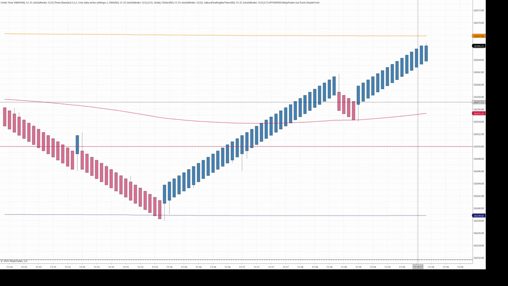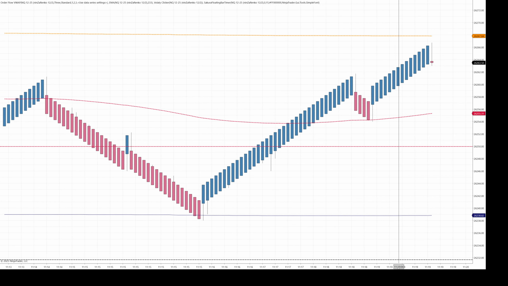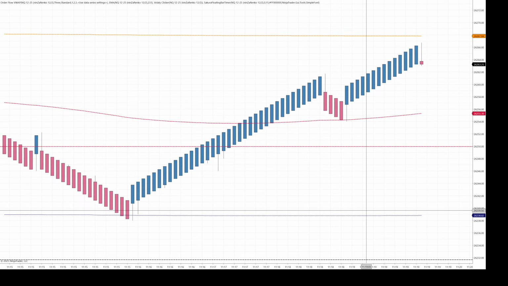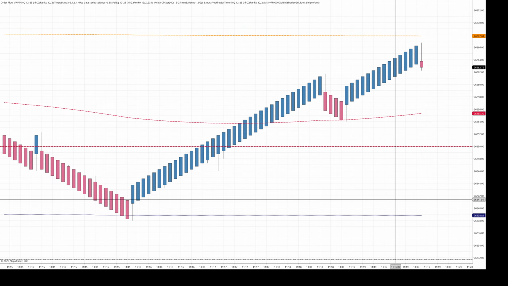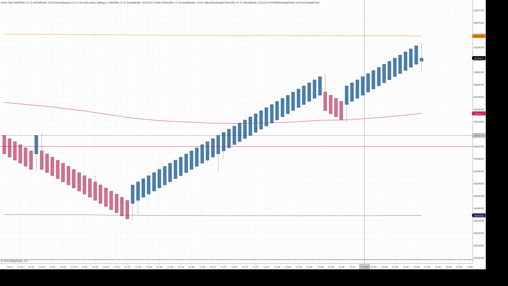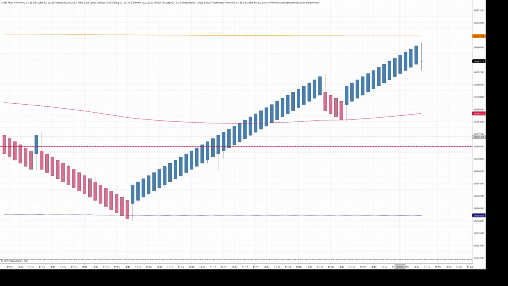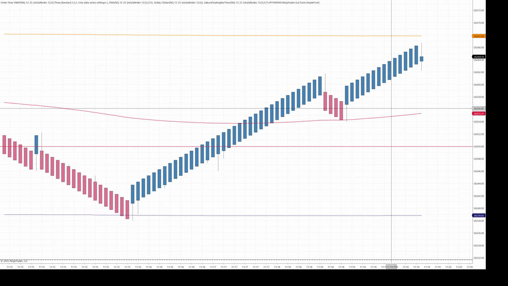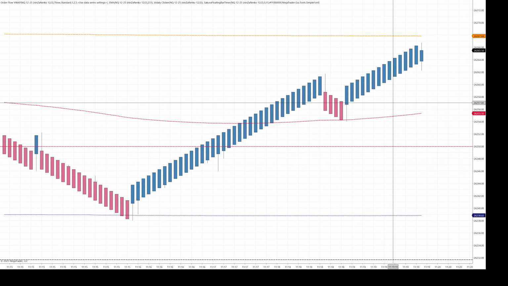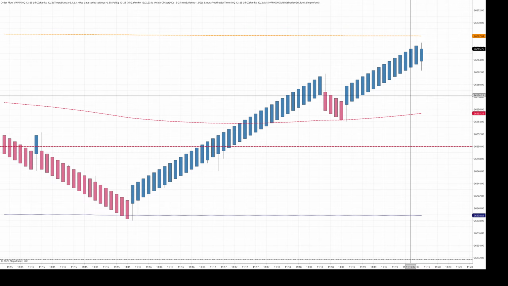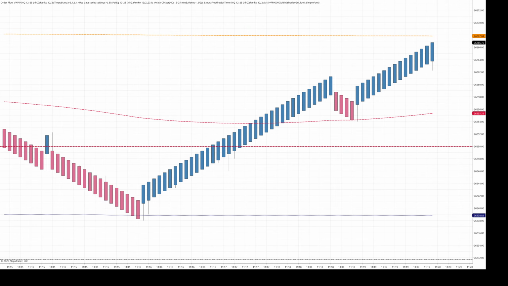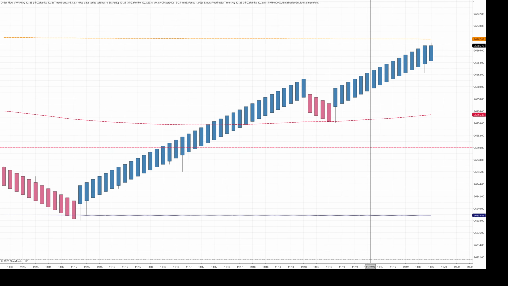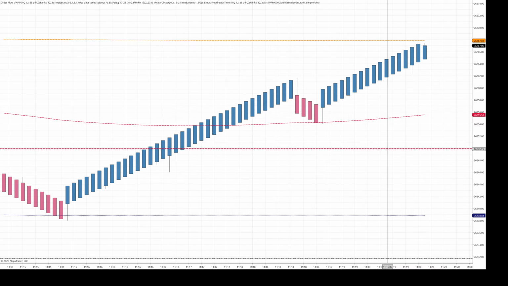If we retest VWAP, okay, it looks like we're retesting it here.